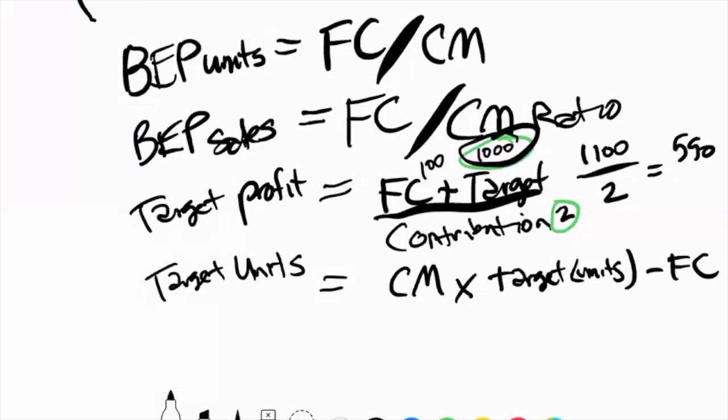So we can already look at this. So we know that here 550 units gets us a profit of $1,000 right here.